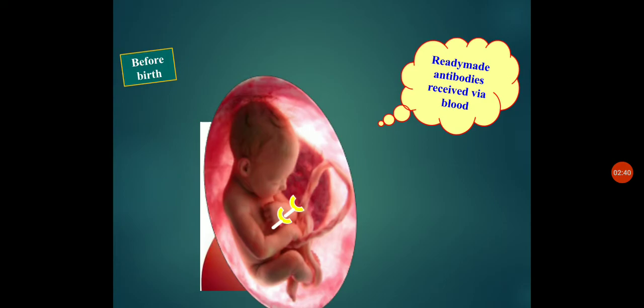Before birth, these ready-made antibodies are conveyed from the mother's blood to the baby's blood, and we call them maternal antibodies. Maternal antibodies means antibodies which are produced by the mother's body and conveyed to the young ones.